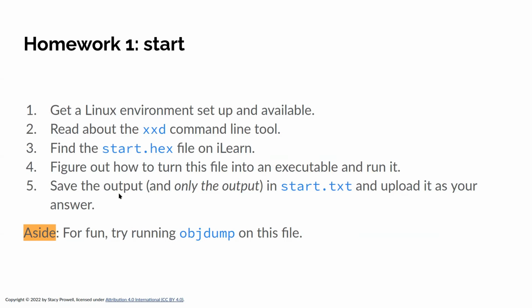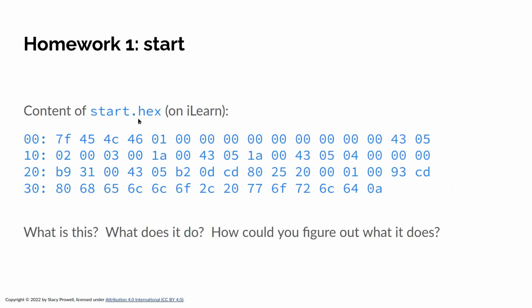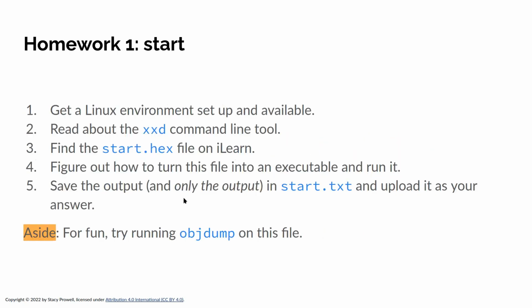Okay. Save the output and only the output in start.txt, and then upload it as your answer. Don't embellish it. Just pipe the output to start.txt and then upload that. And once you've figured out what xxd does, how it's relevant to this, and how you can turn this into an executable and run it, just for fun, run objdump on it.